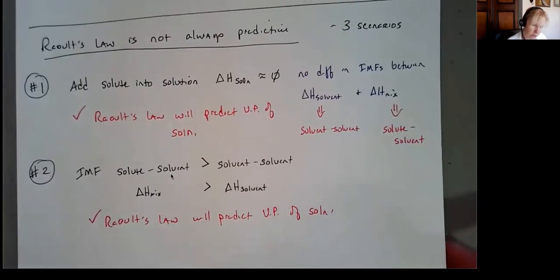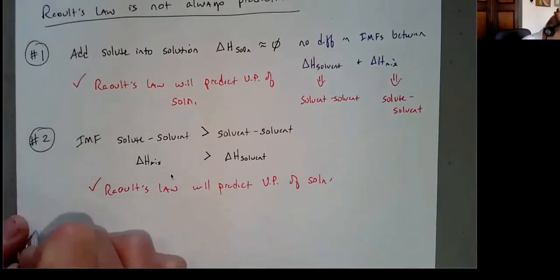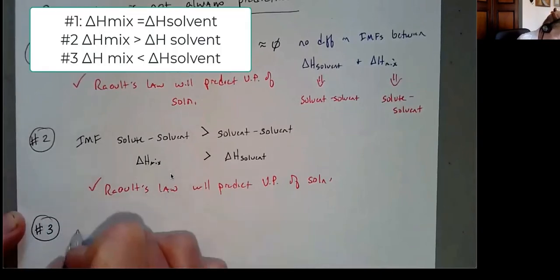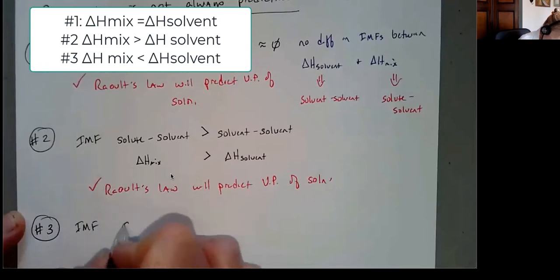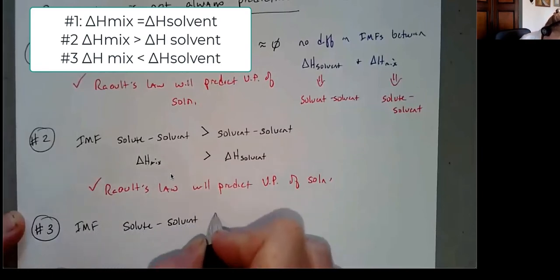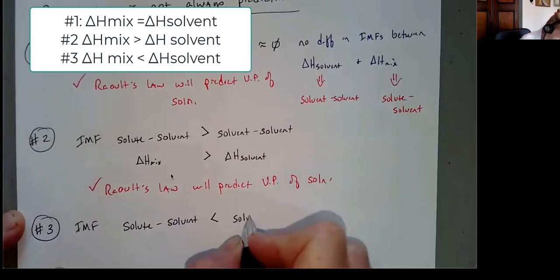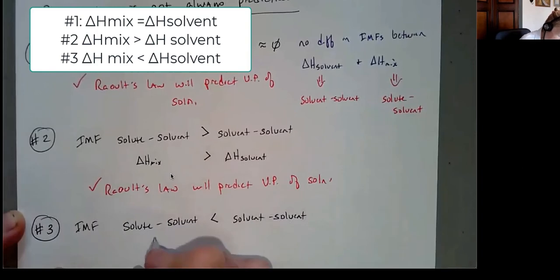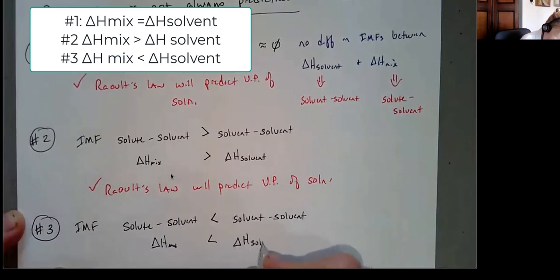My third scenario is the opposite. So let's say that my IMFs between my solute and solvent are less than my solvent-solvent IMFs, right? So now my delta H mix is less than my delta H of my solvent.